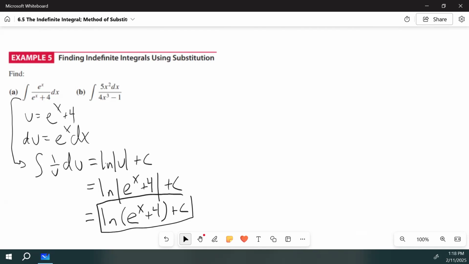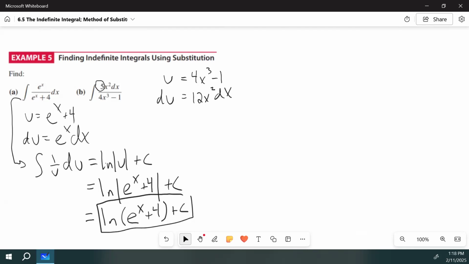Okay, now for part B, notice that the numerator again equals the derivative of the denominator except for a constant factor. So we'll try u equals 4x cubed minus 1, then du equals 12x squared dx. But the problem is you only have 5x squared dx.